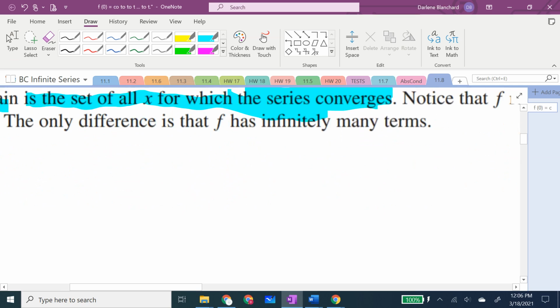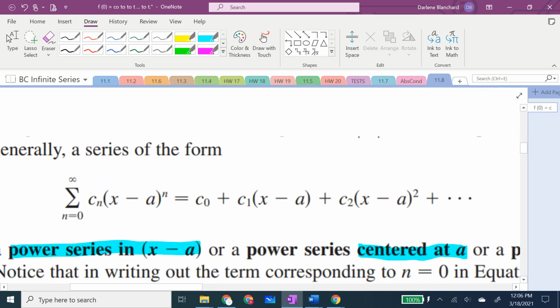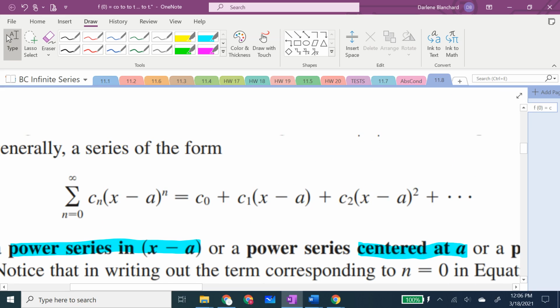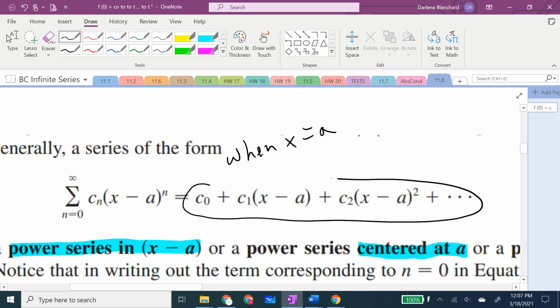And then let me point out, if the center is A, when I plug A in, this becomes C sub 0 plus a whole bunch of zeros.